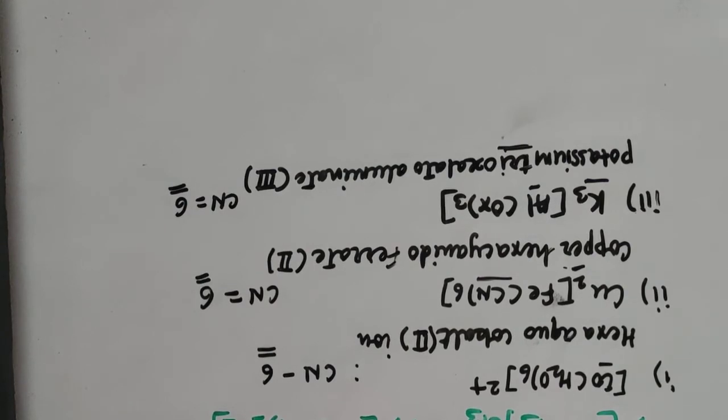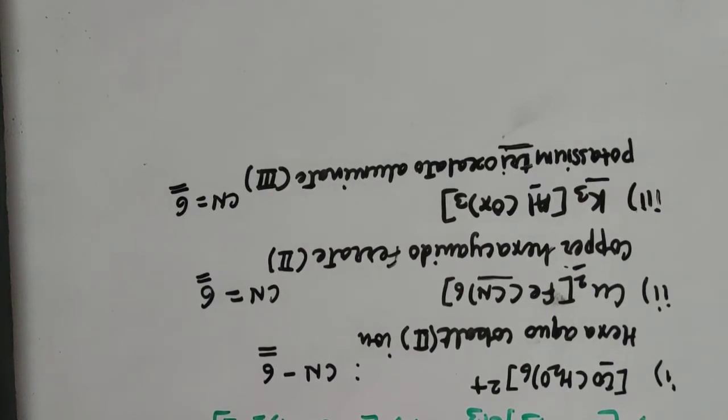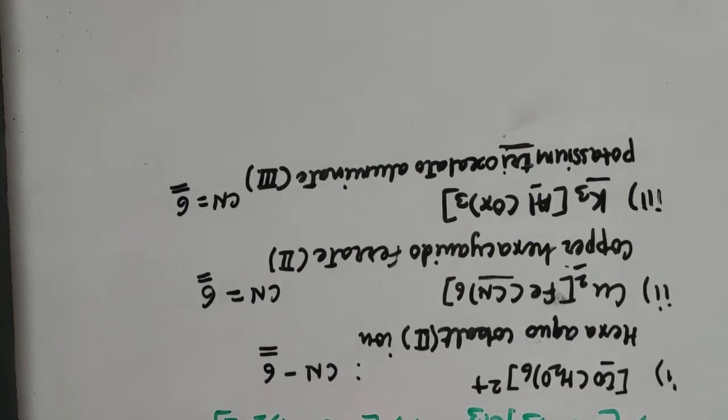If 2 ethylene diamine molecules are there, then it is bis. If 3 are there, then it is tris. One more is dimethyl glyoxime. In dimethyl glyoxime also the number di comes, so we use either bis, tris or tetrakis. Wherever the name of the ligand, whether chelating or monodentate, does not contain any number, you can use simply prefixes like di, tri or tetra.